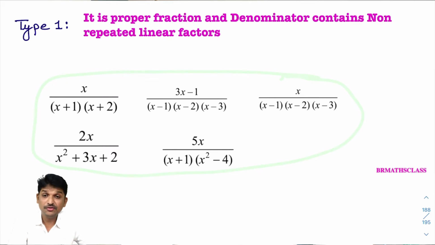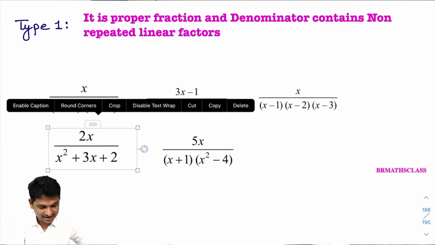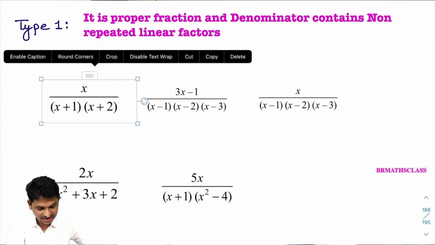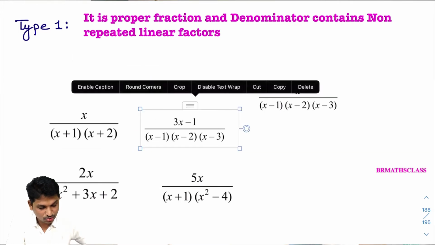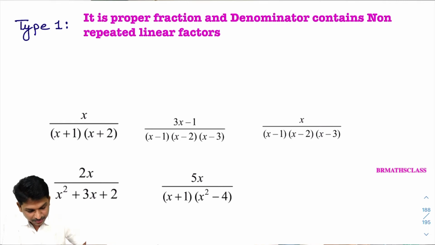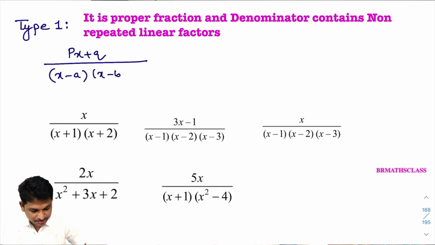Okay. And very, very important: when it is a proper rational function, how to write it into partial fractions. I forgot to write here. Suppose something is like this: px plus q divided by x minus a into x minus b into x minus c.